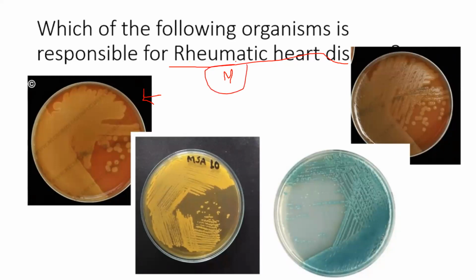You can remember that this one is caused by strep pyogenes, okay? You get the point. Now, strep pyogenes, was it alpha hemolytic or beta hemolytic? It was beta hemolytic. The alpha hemolytic ones were pneumococcus and viridans.